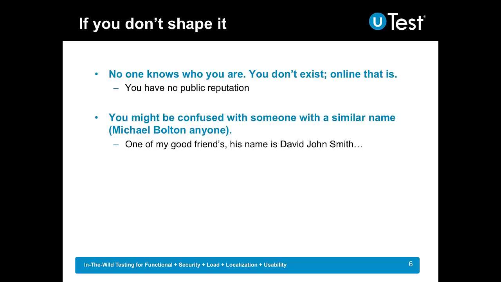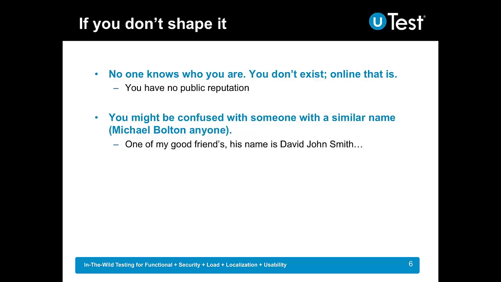And I have a friend who has the most generic name. His name's David John Smith. And so anytime you go to look for information about him online, it just doesn't exist or it points to another person. Michael Bolton, who's a famous software tester, Michael Bolton, there's a singer also with that same exact name.